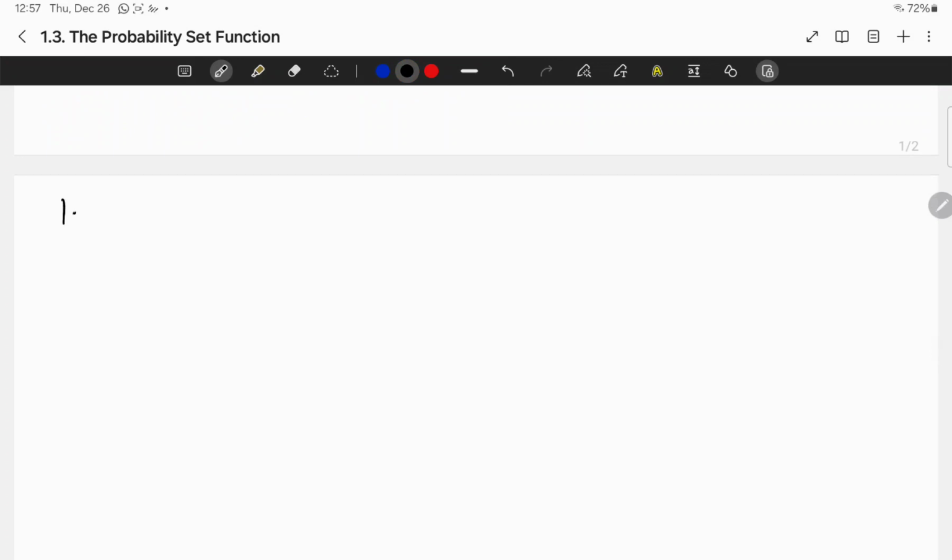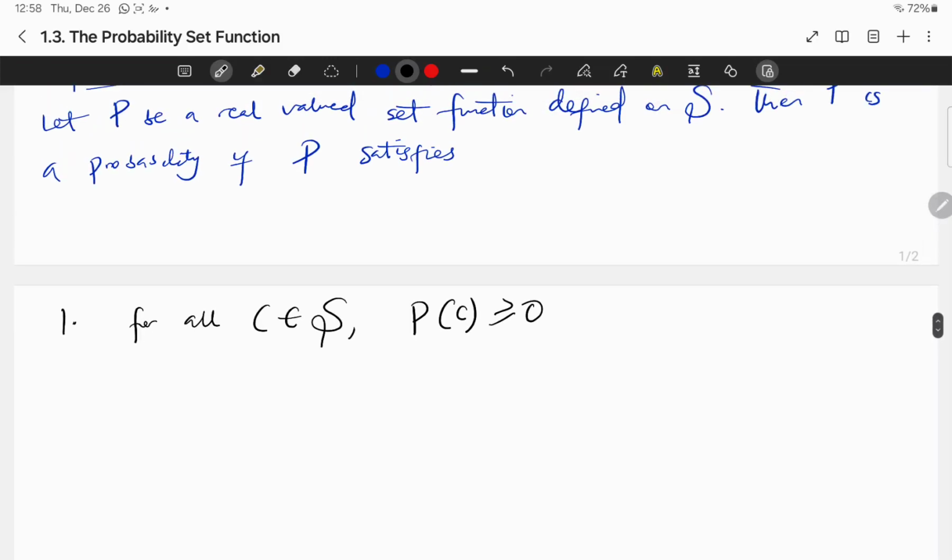For P to be a probability: 1, for all C, or events in the sigma field, the probability of C will always be greater than or equal to 0, which is also known as non-negativity. And then 2, the probability of the whole sample space C must be equal to 1.